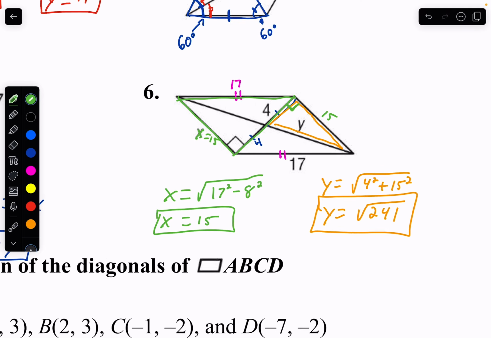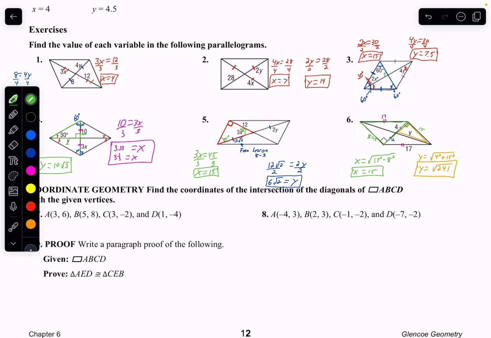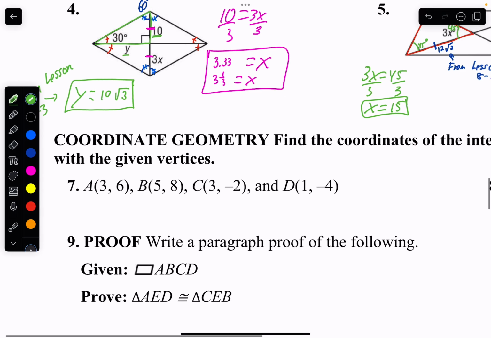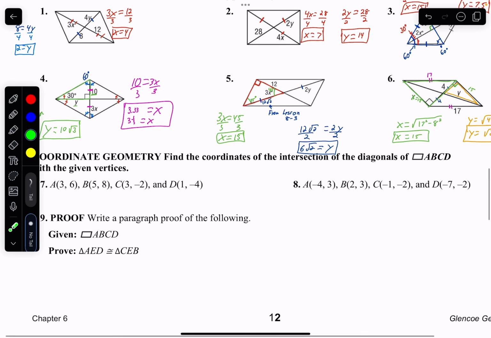Now let's go for a challenge. This time, it's coordinate geometry. It says, find the coordinates of the intersection of the diagonals of quadrilateral ABCD.